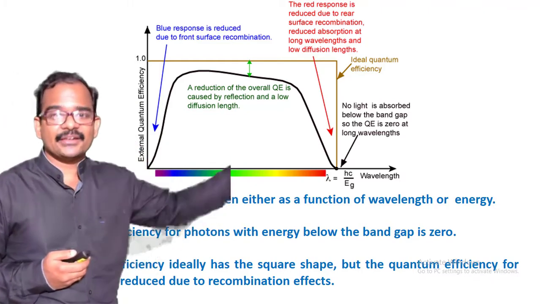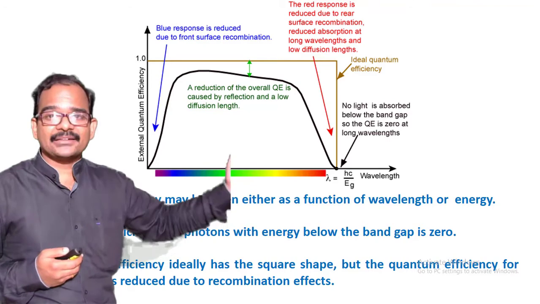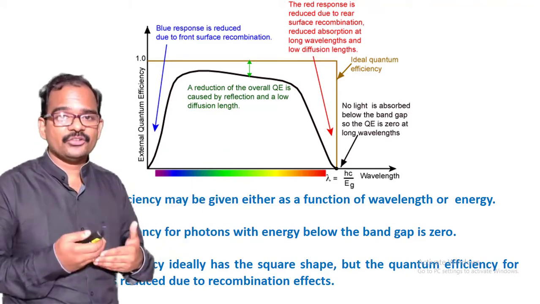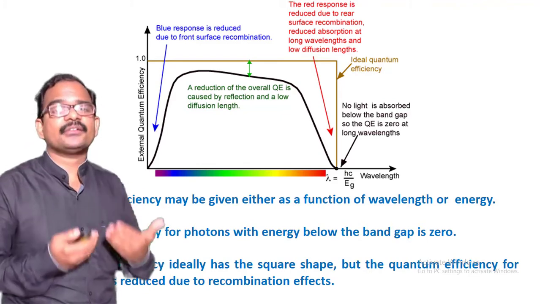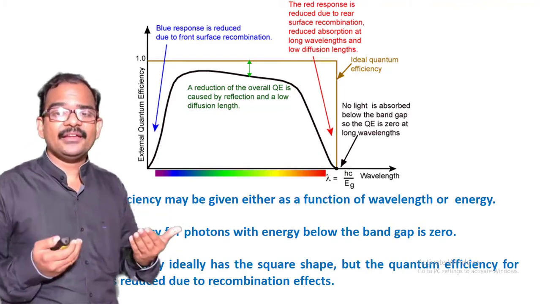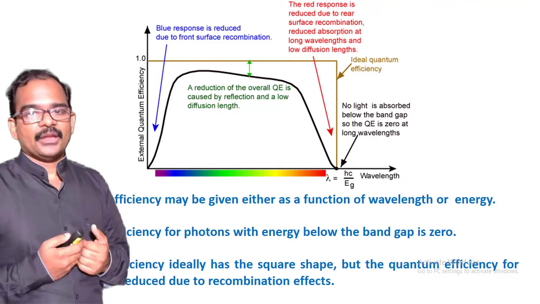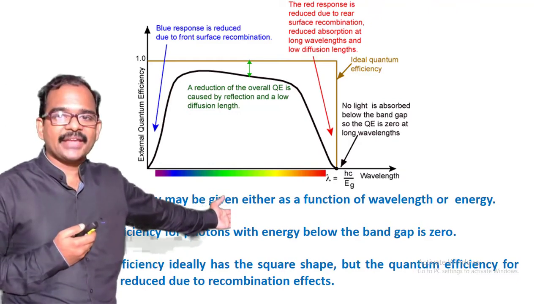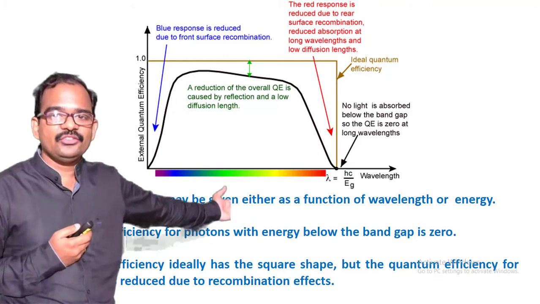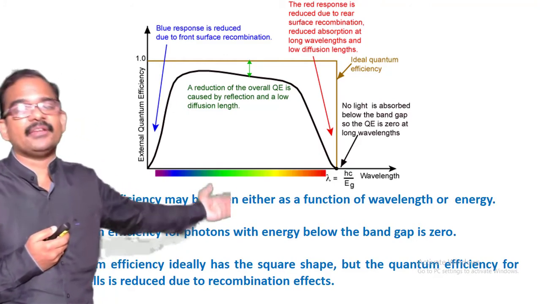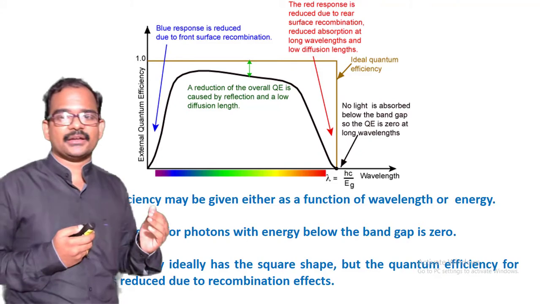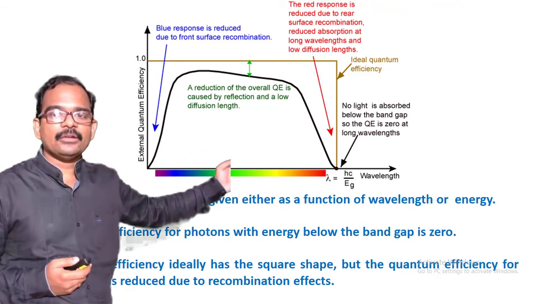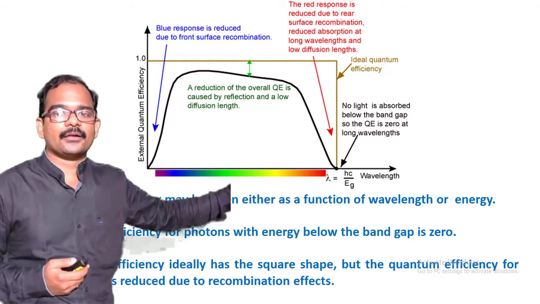We can see the green curve as a practical quantum efficiency curve because of recombinations, reflections, and transmissions in a solar cell. You can see it there. No light is absorbed below the band gap. So the quantum efficiency is 0 at long wavelengths. That is, at the long wavelengths, no light is absorbed below the band gap of that material.